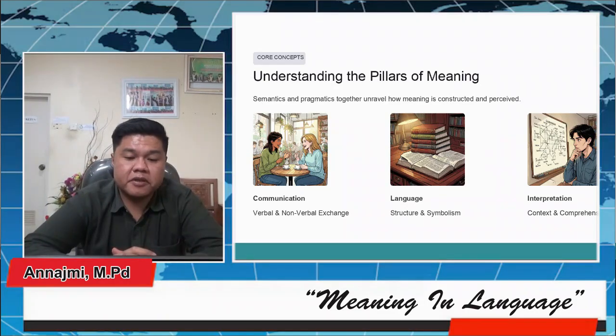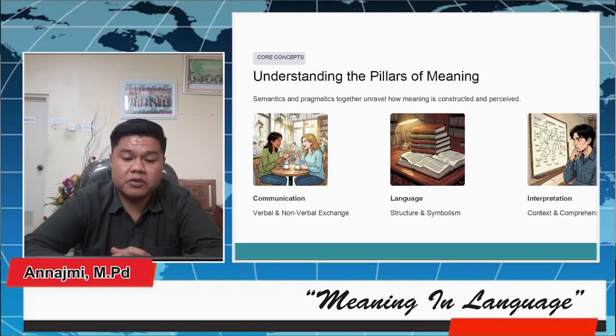Second, language serves as the primary tool of communication. Through language, people represent ideas and express their thoughts and feelings. Third, interpretation. Interpretation is the process of understanding messages. Every time someone speaks to us, we do not merely hear sounds or read words.